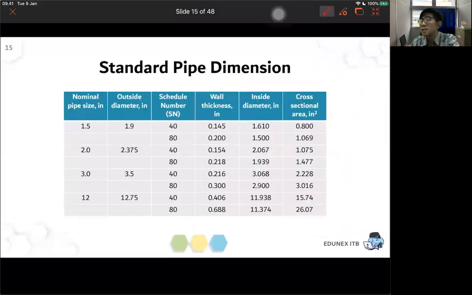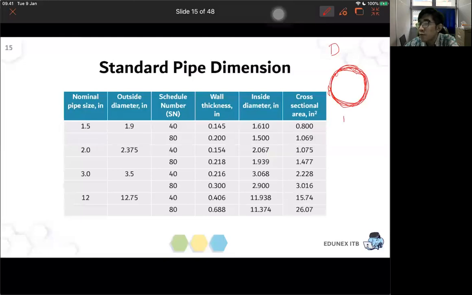Okay. Another thing that you need to be careful about when you are using D in calculating the Reynolds number. You understand, right? If you see the actual pipe, it will have a certain thickness.